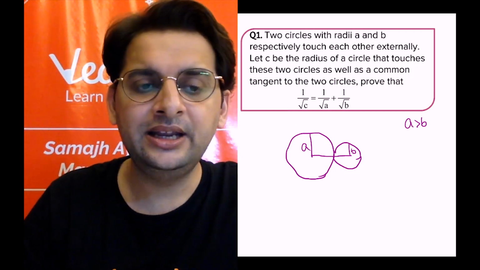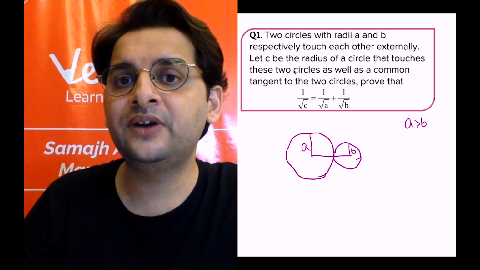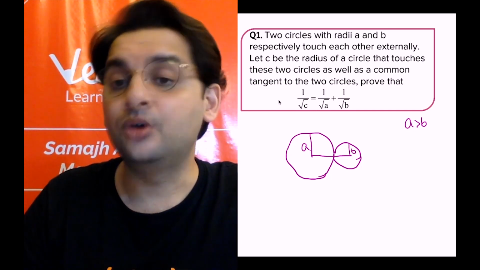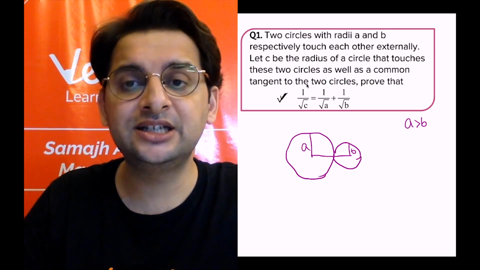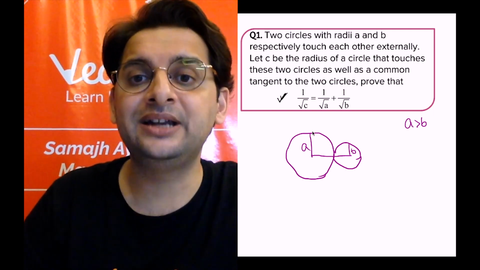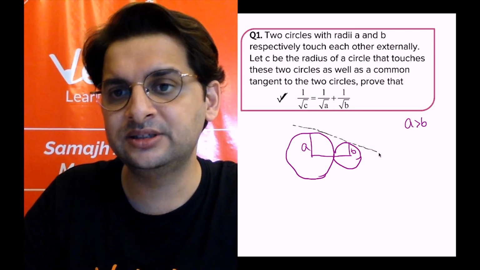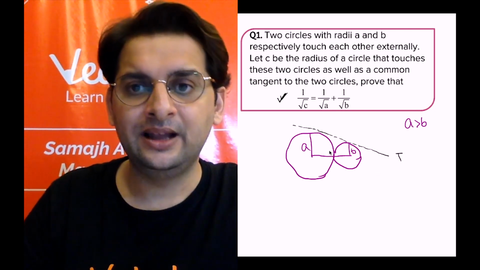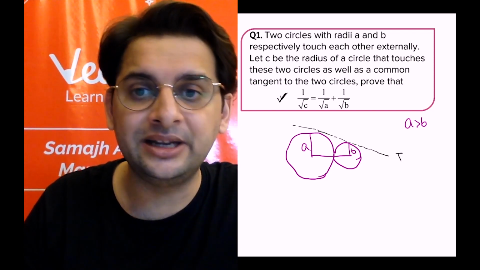Now, I need to prove something. Let's see, the radius of the circle which touches these two circles as well as the common tangent to the circles. So this is the common tangent to the circles. And there is a circle which touches these two circles and also the common tangent.